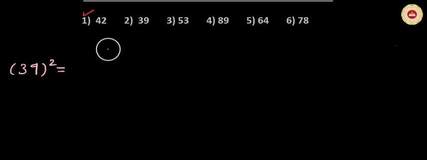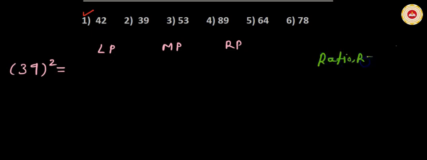Second example, let us obtain answer in 3 parts: left part, middle part and right part. But first of all, let us find the ratio between these two digits. What is ratio? Ratio R is 9 upon 3. Why 9 upon 3? Because 9 is at units place and 3 is at tens place, and we always find the ratio when we are solving the examples of squaring with the help of anurupyen method.